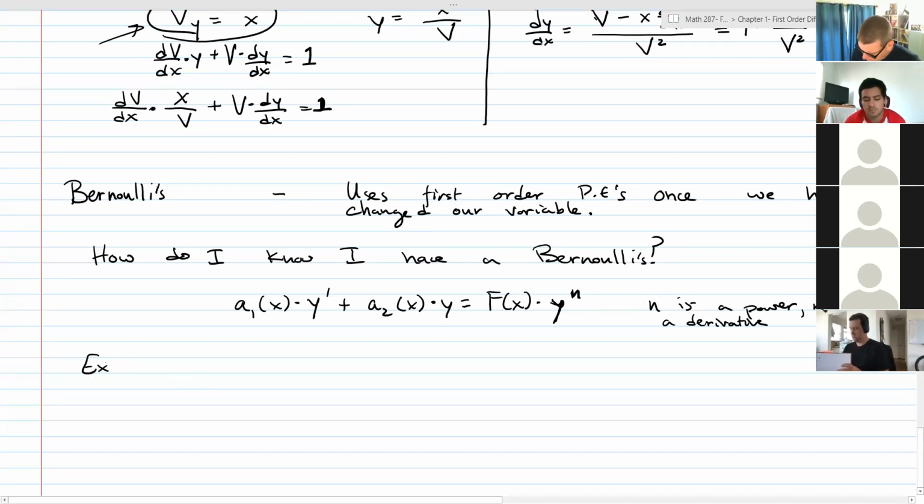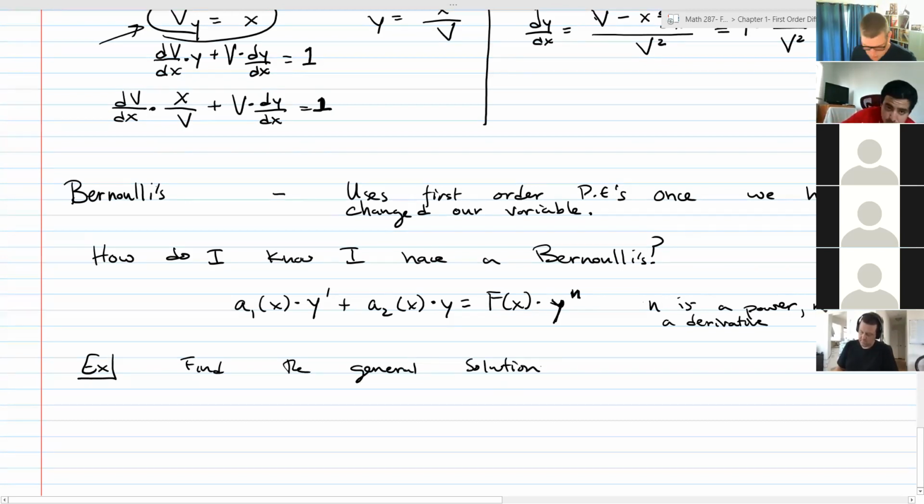So we'll take an example. We'll find the general solution. We have y prime plus 4xy equals 4x cubed y to the 1/2.